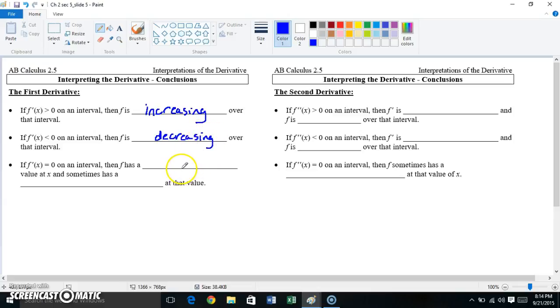Where f prime of x equals 0 on an interval, then f has what we call a horizontal tangent.